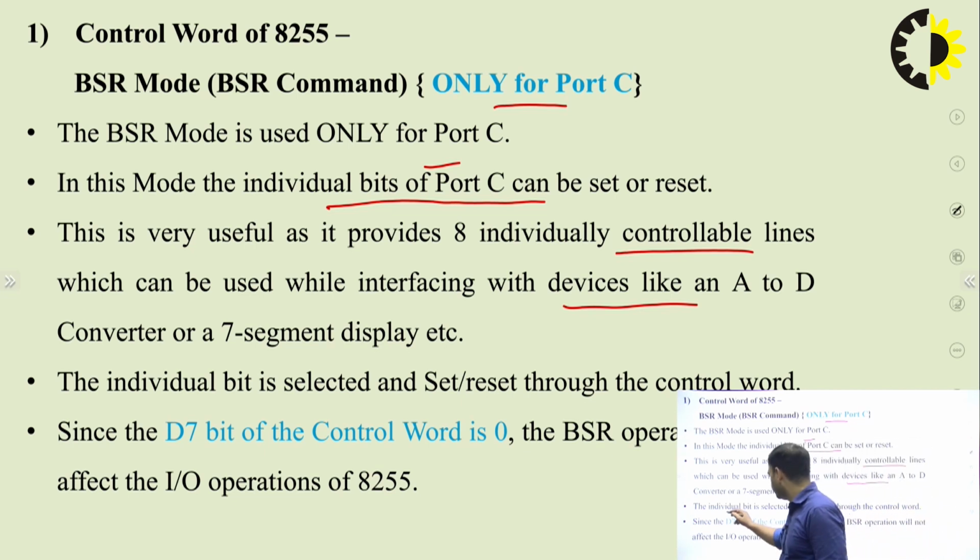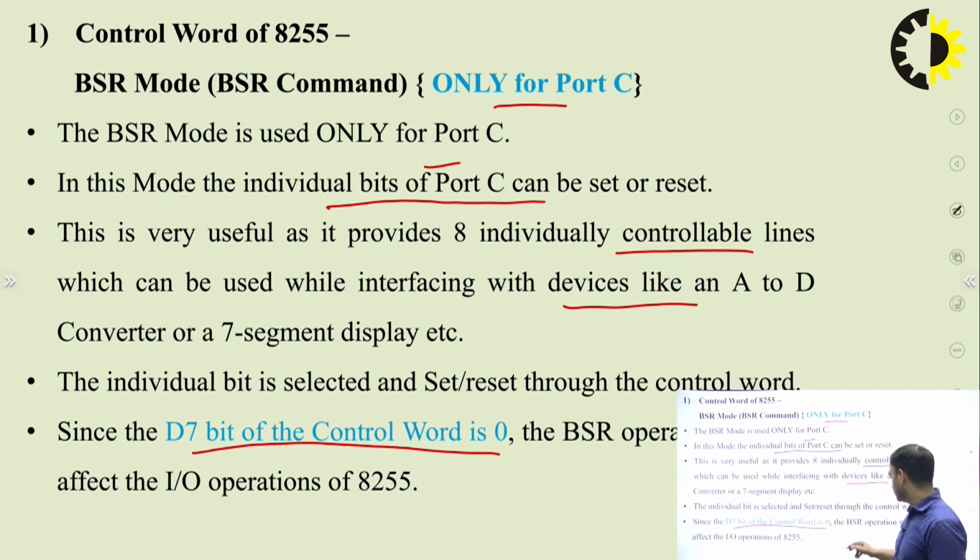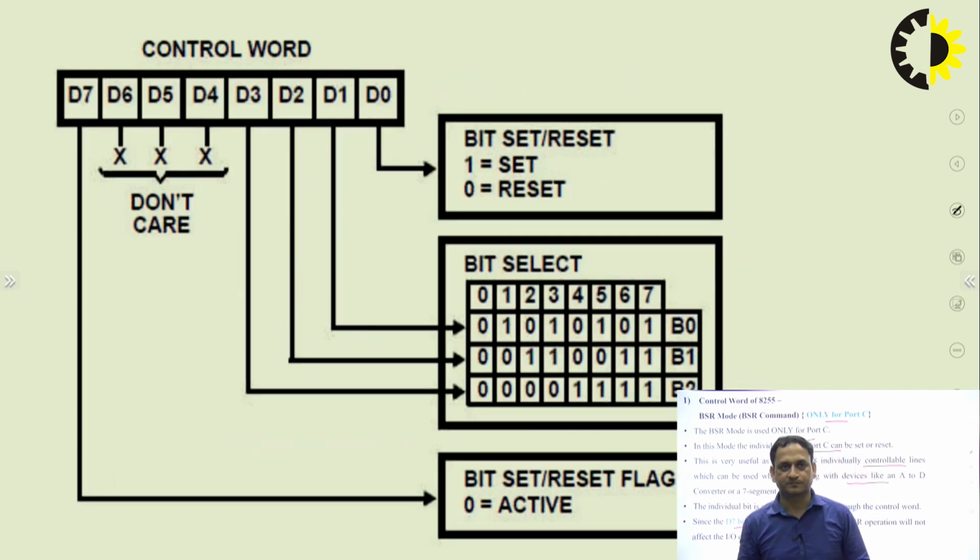So these individual bits are selected and set or reset through the control word. Since the D7 bit of the control word is 0, the BSR operation will not affect the I/O mode operation of the 8255. Clear?